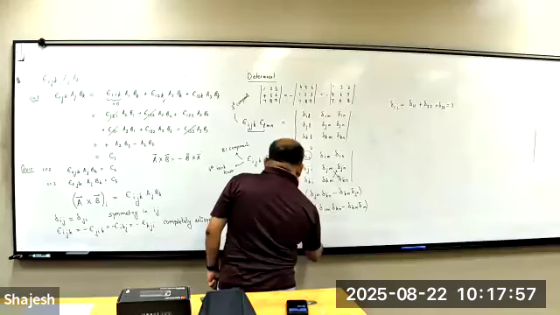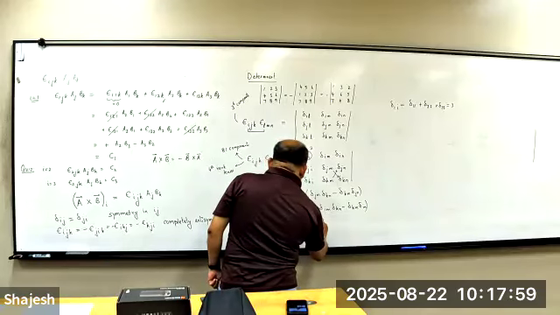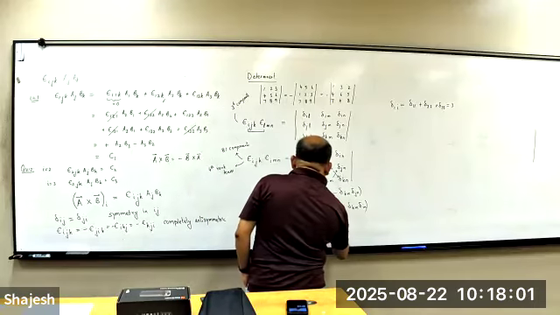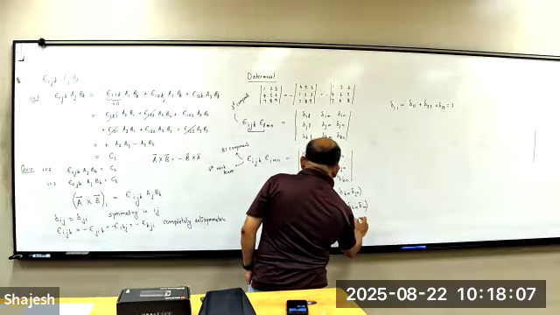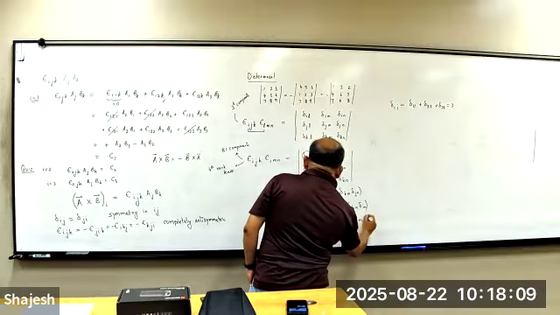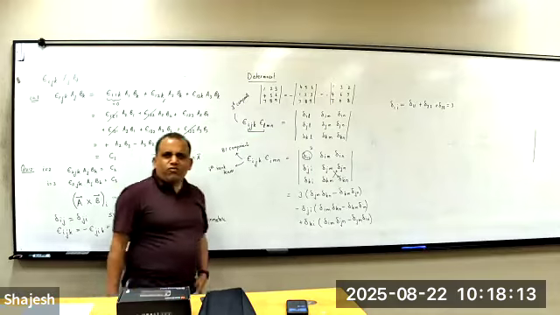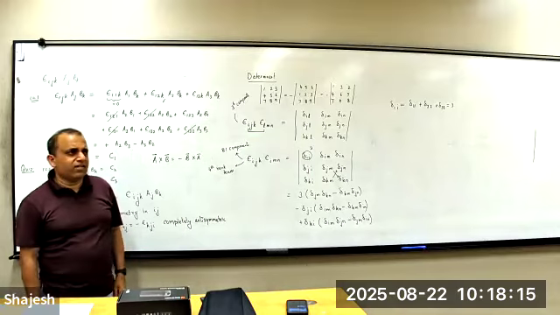And finally, plus δKi of δIm. Is that very clear?